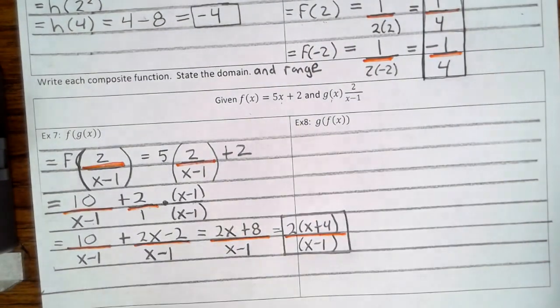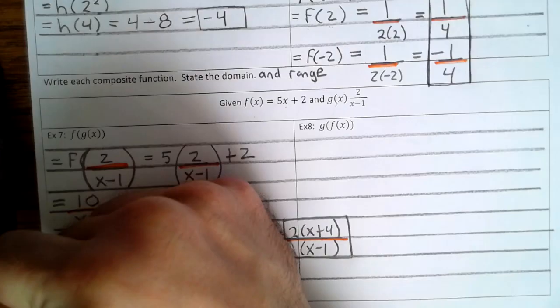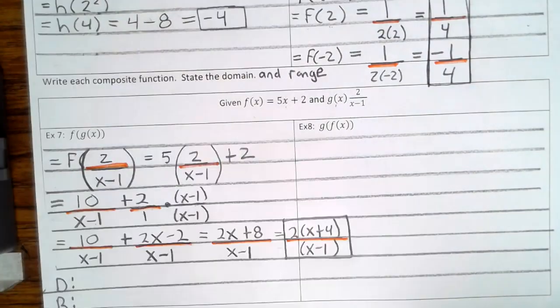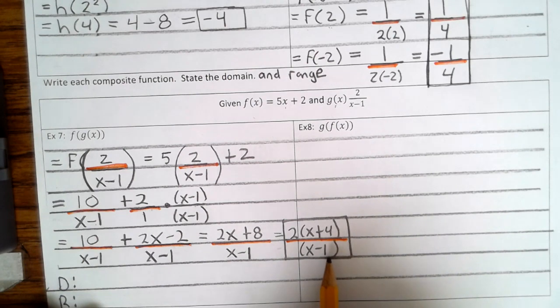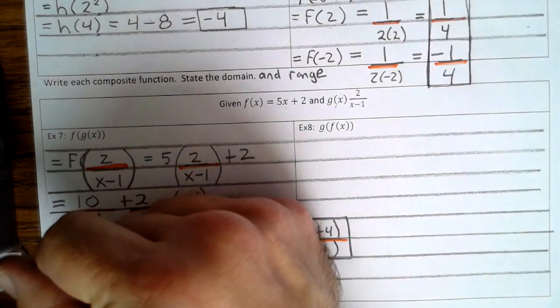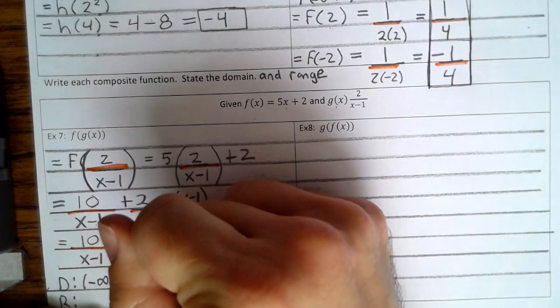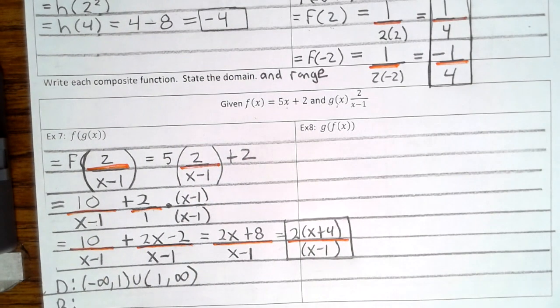Okay. Now, we know that the x minus 1 we need to set not equal to 0, so that's 1. So we know our domain is affected by the 1. So that's negative infinity to positive 1, or 1 to infinity. Okay, but we also know that there could be a horizontal or slant asymptote, so we need to look here and use division.